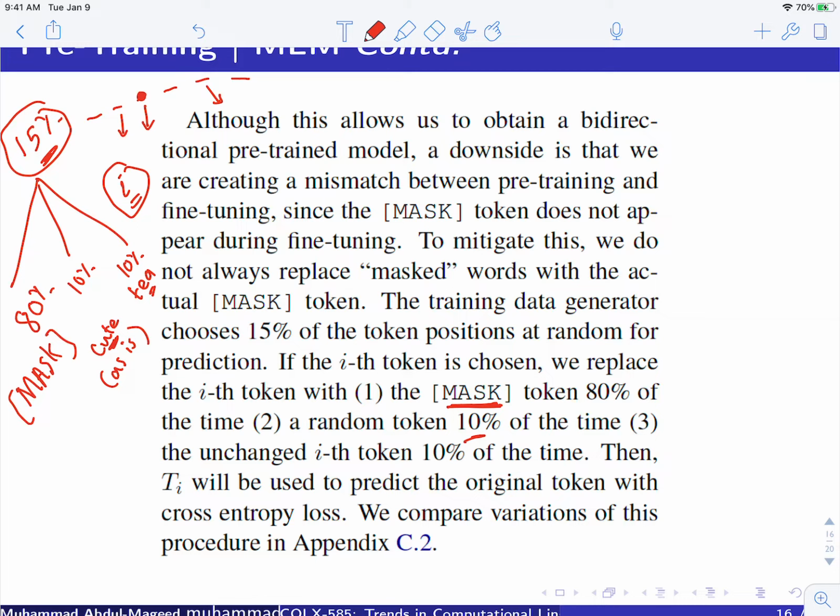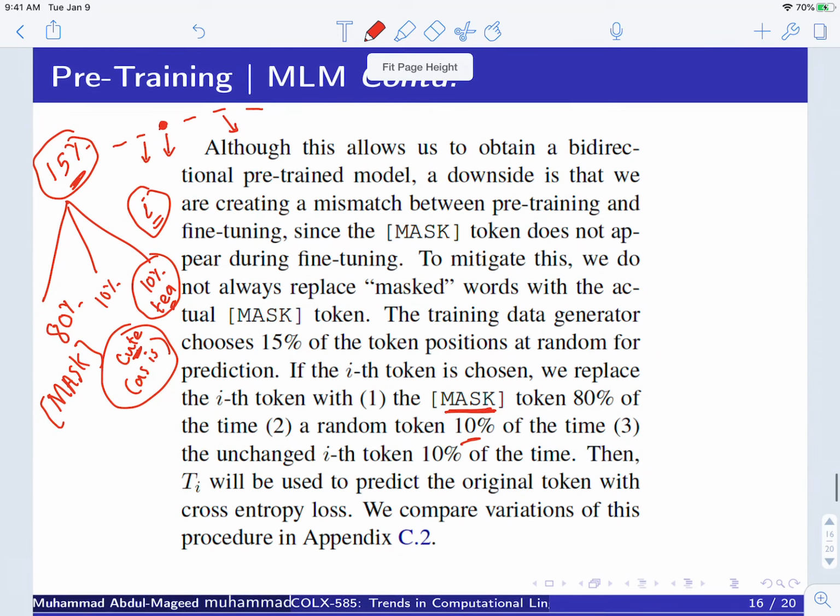They pick the indices of 15% of the tokens, but among those, they mask 80%, do nothing for 10%, and swap the word with a random word 10% of the time. That's what they follow to do the masking of the language model.